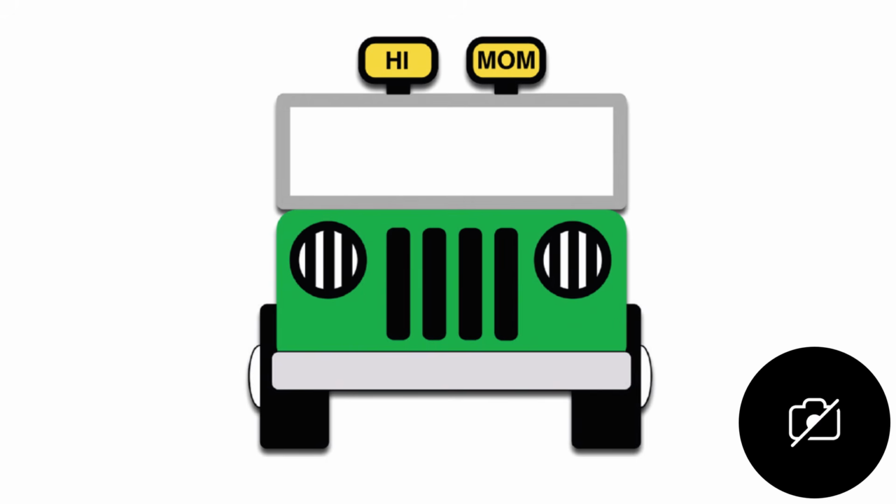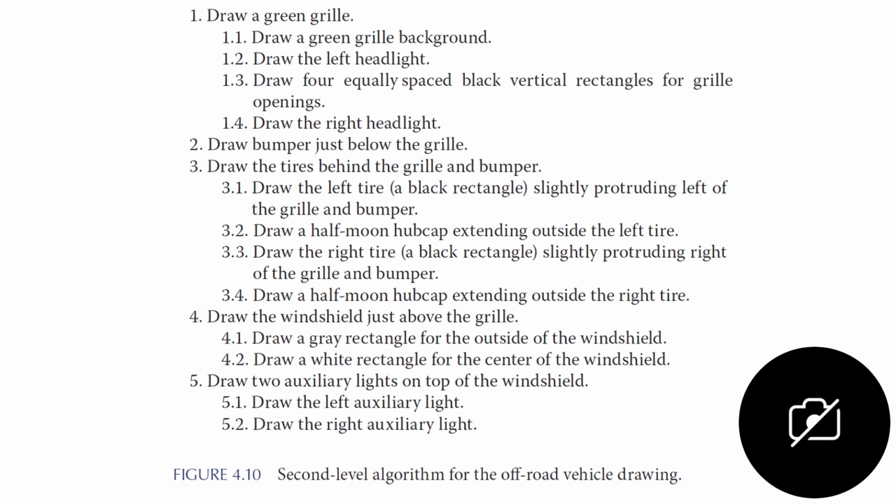So see here, you are having the main ideas. Now these main ideas will be divided into sub-ideas. Draw the green grill, draw the bumper, draw the tires, draw the windshield, draw 2 auxiliary lights. Now every main idea is divided into sub-steps.